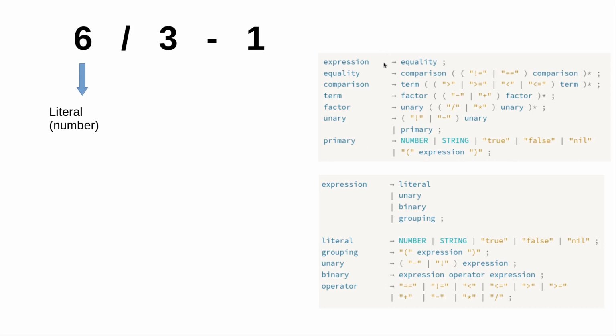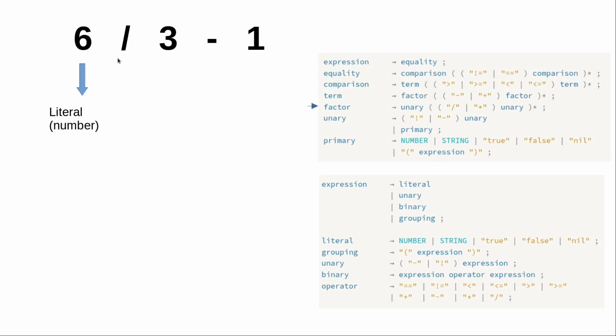We basically went down our whole list of rules here: expression to equality, equality to comparison, term, factor, unary. It's none of this. It's a primary. It's a number, and a number falls under a literal. So that's why we have a number here.